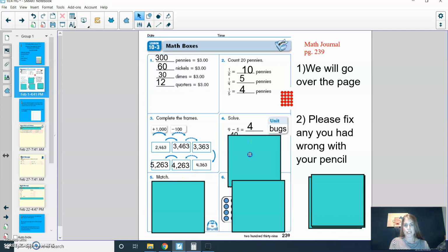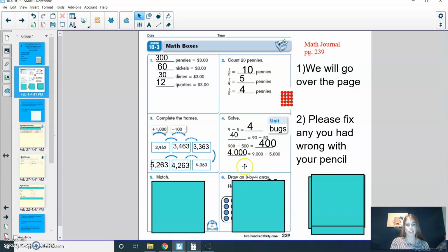For question 4, since I know that 9 minus 5 is 4, I know 90 minus 50 is 40. Then I know 900 minus 500 is 400, and 9,000 minus 5,000 is 4,000. So I was just paying attention to the amount of zeros each time.